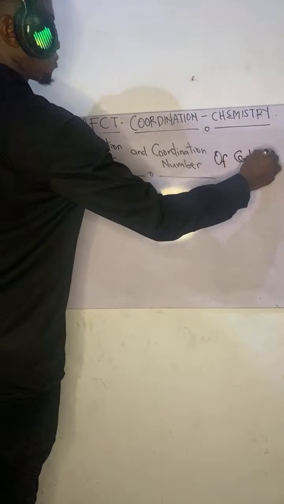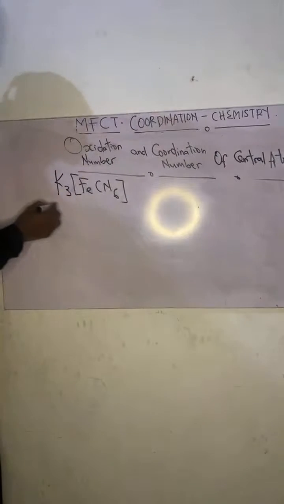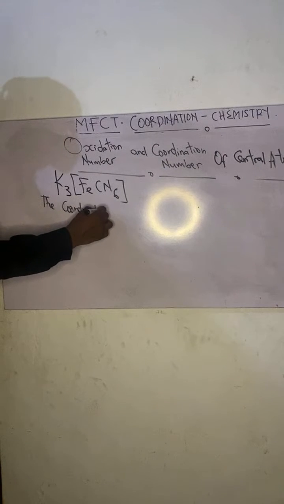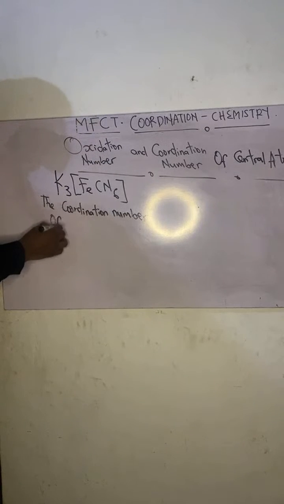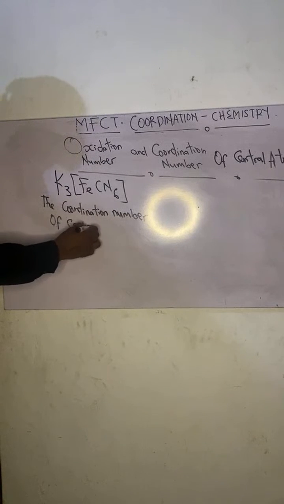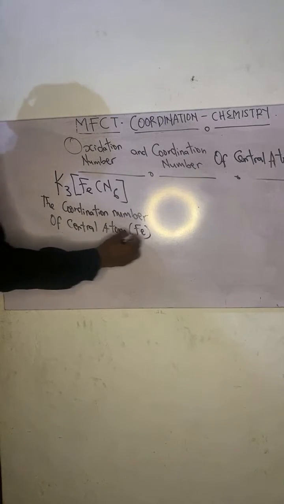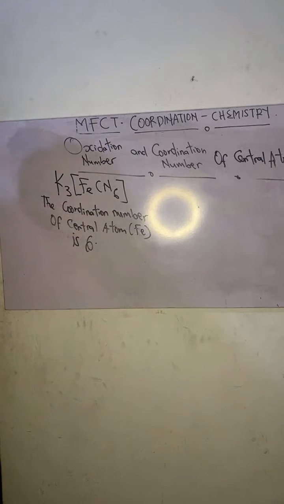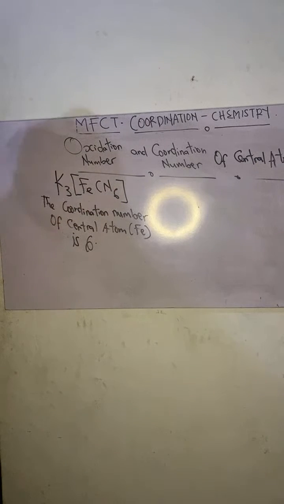So this simply means that the coordination number of the central atom Fe is 6. So the coordination number is very simple. It is just the number of the ligands binding to the central atom.